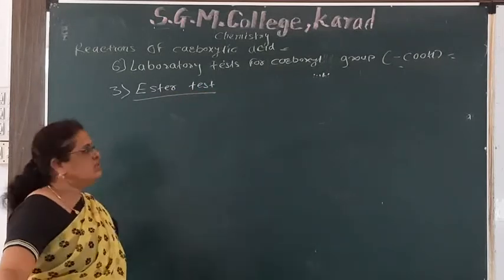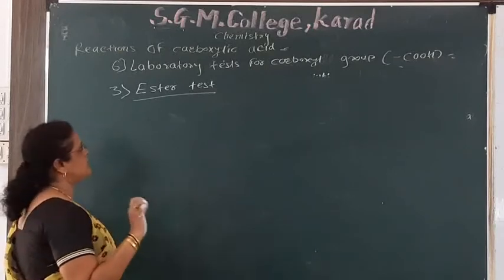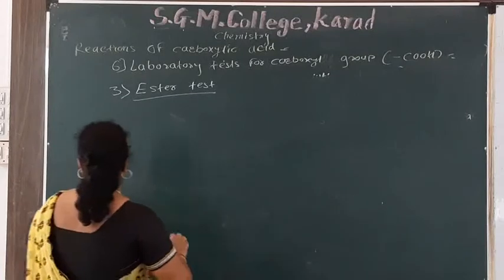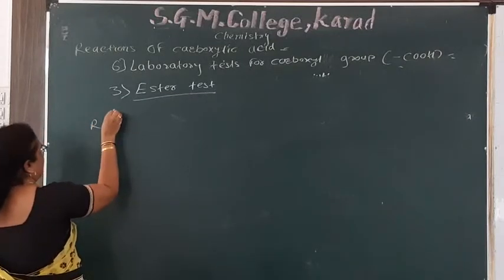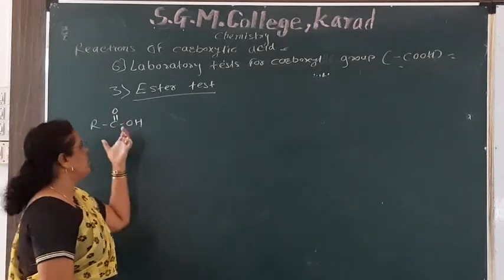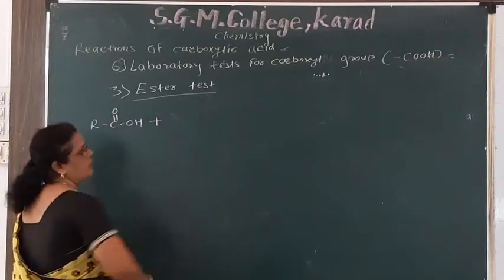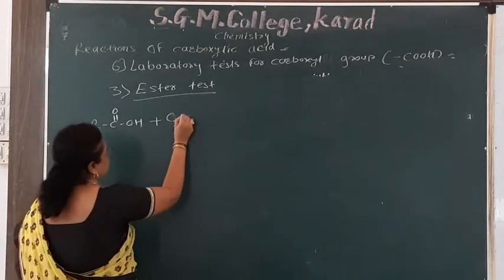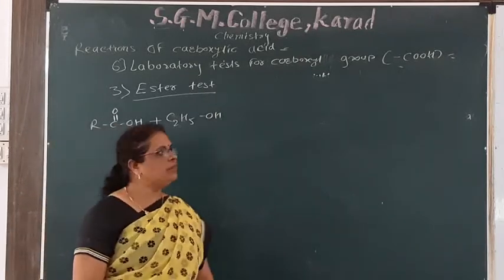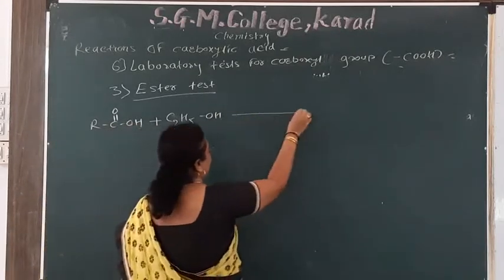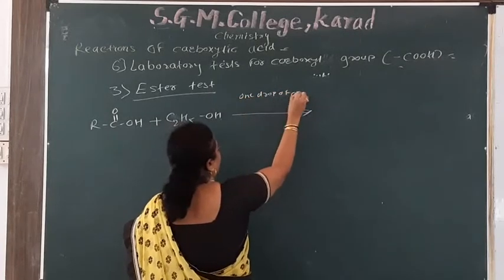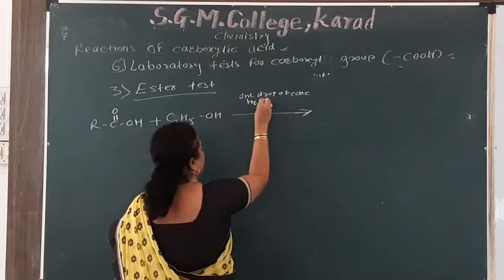In this ester test, first take carboxylic acid, meaning the organic compound containing carboxylic acid, RCOOH. Then add ethyl alcohol, that is C2H5OH. Then add 1 drop of concentrated H2SO4 in it.